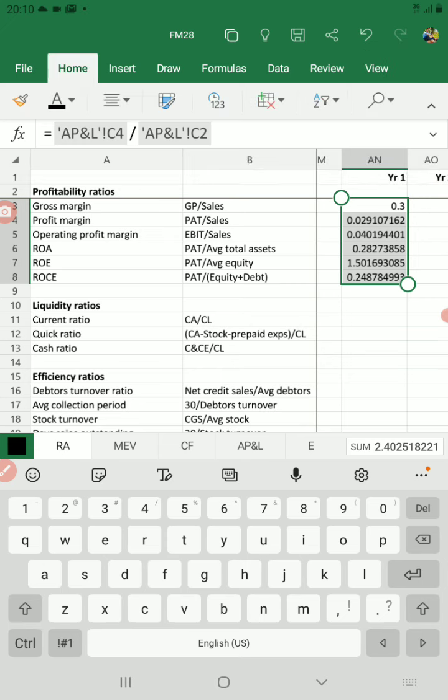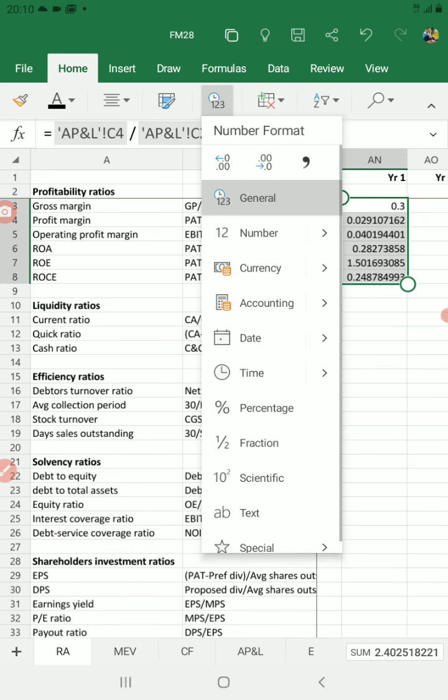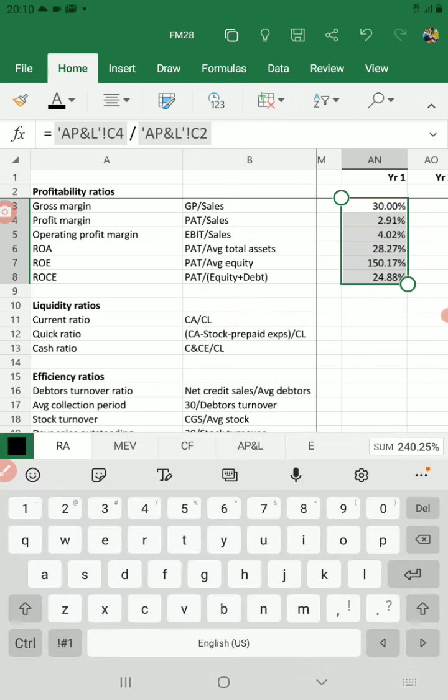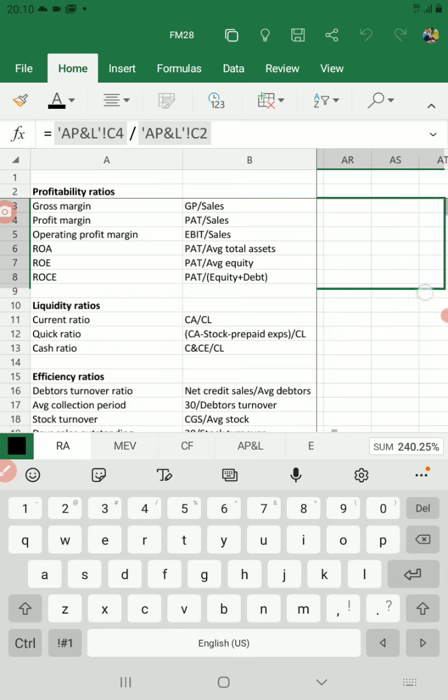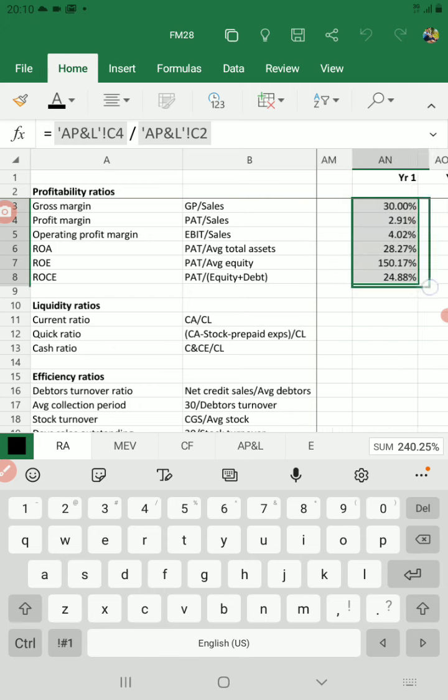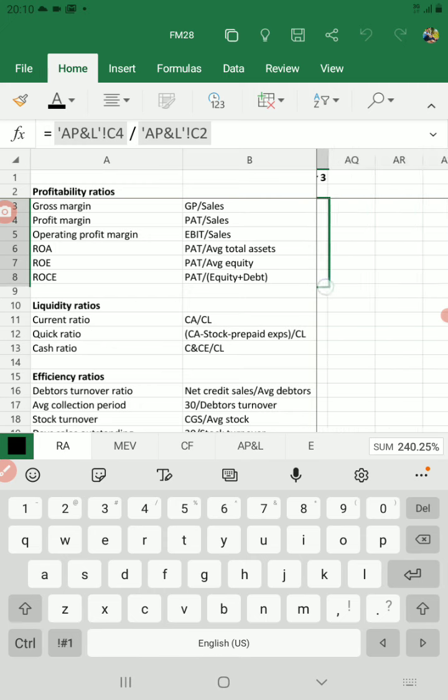Okay, I need to be on home here, and then click on this one, percentage terms, and then I can now fill this throughout up to year 3 here.